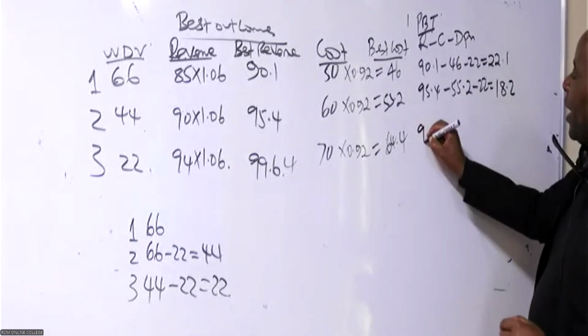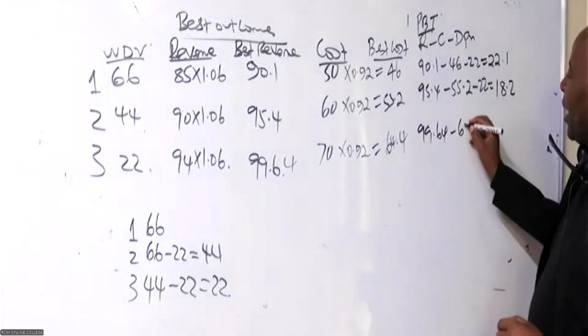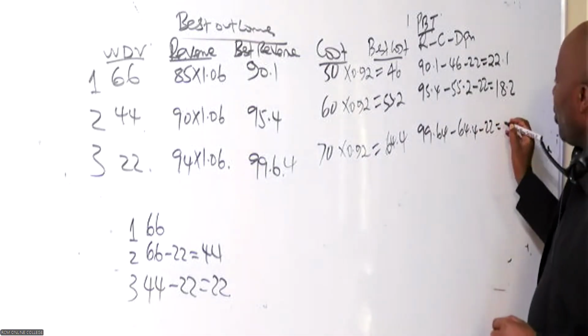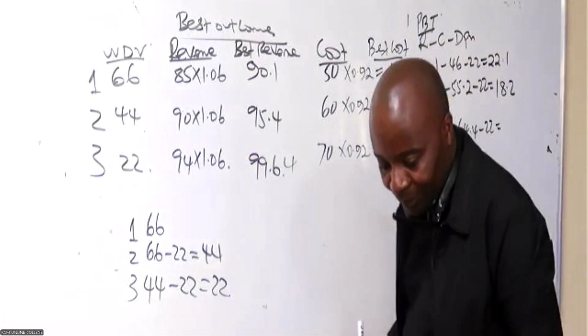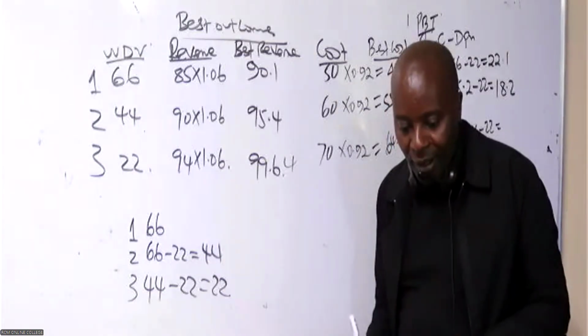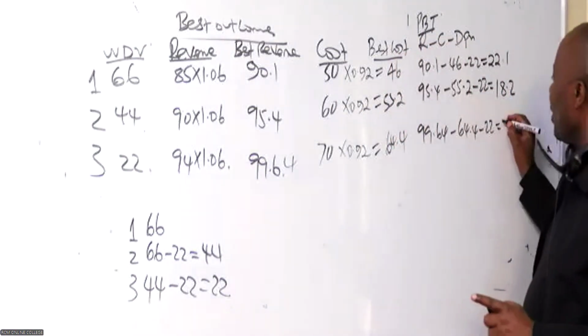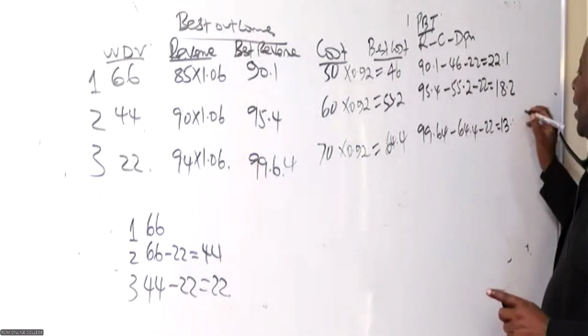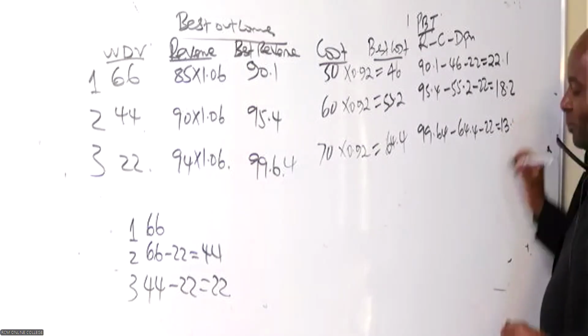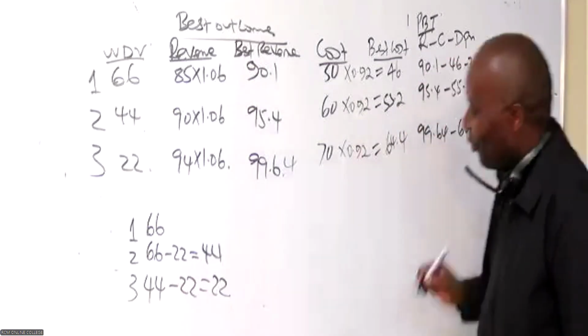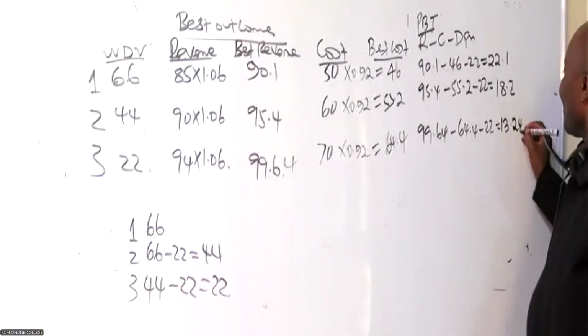Then here we have 99.64 minus 64.4 minus 22, which will give us 13.24.